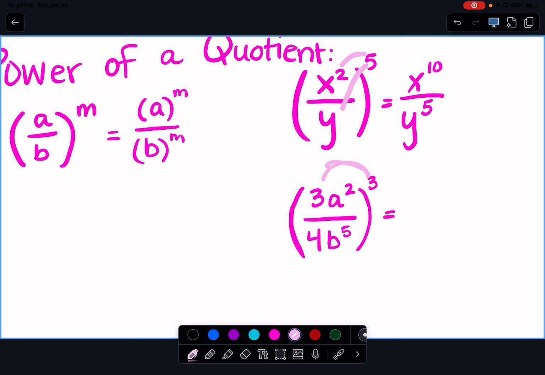So that means we're going to have to raise the 3 and the exponent. We have to raise the 4 and the 5. Does that make sense? We got to do everything. So in the numerator, what is 3 to the 3rd power? What is a to the 2nd to the 3rd power? A to the 6th. What is 4 to the 3rd power? 64. And then b to the 3rd power is what? 15. And that's how we would do that.